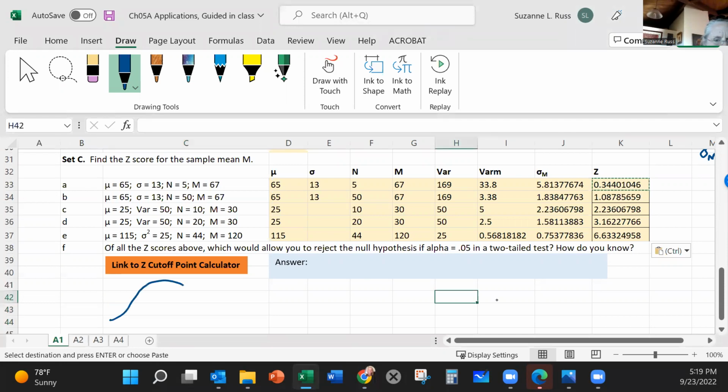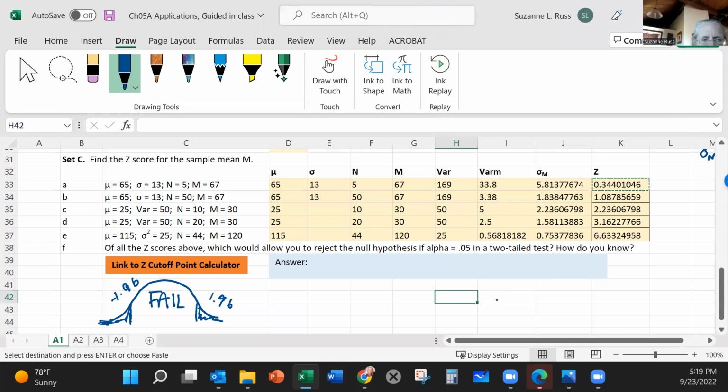Here we go. And we know that we have 1.96 here. Minus 1.96, we have 1.96 here. And so any scores that are in these tails, we reject. This is our rejection region, and in the center here is our fail region.